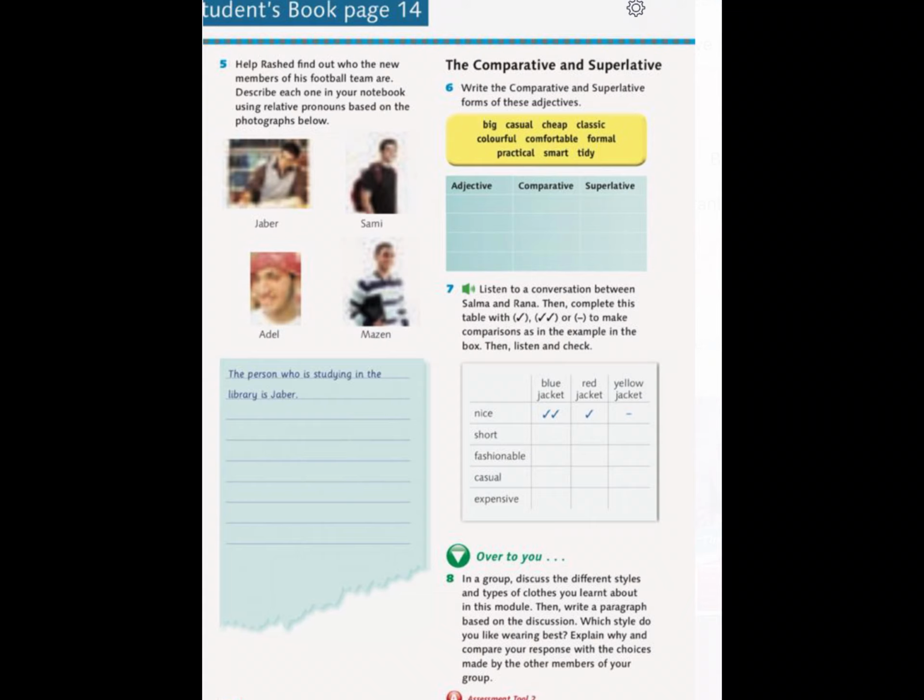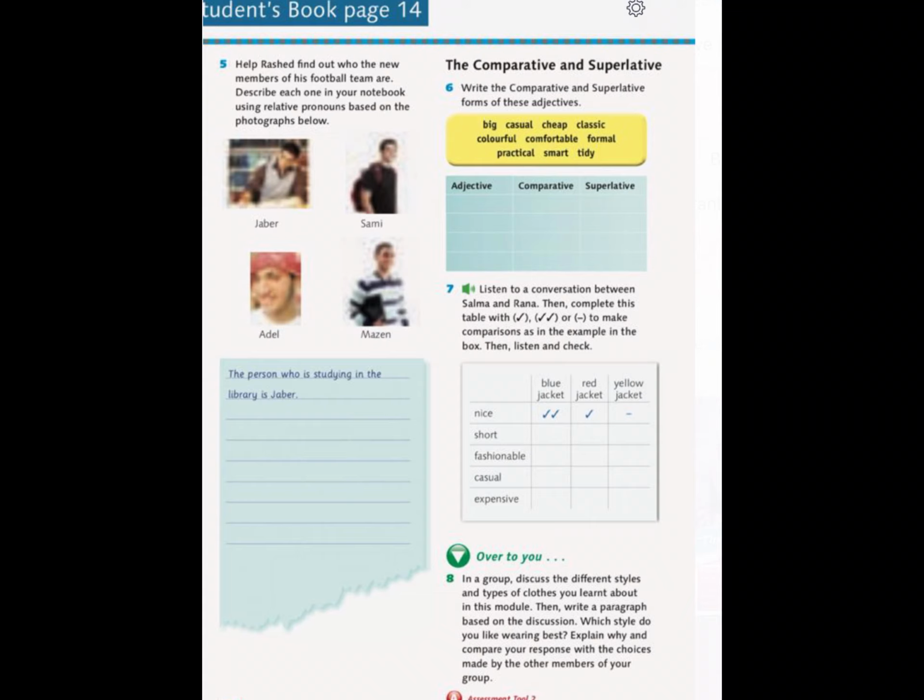So for the comparative, we have to add ER. So it becomes bigger than. For the superlative, we have to add EST. We add EST for the one syllable word. For short words, we add EST, and we have to put the in front of the adjective.